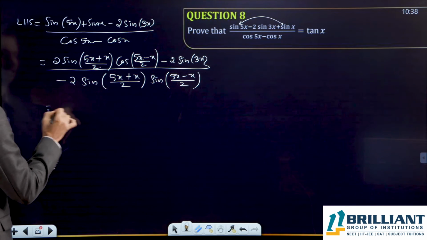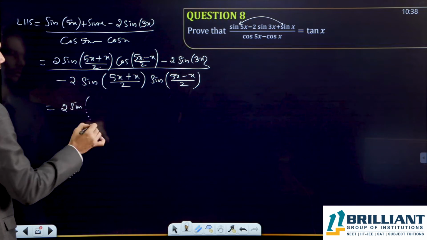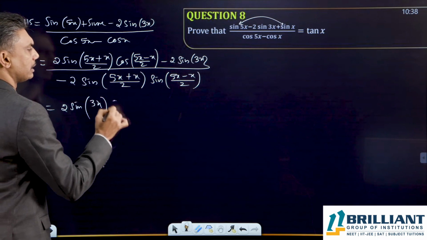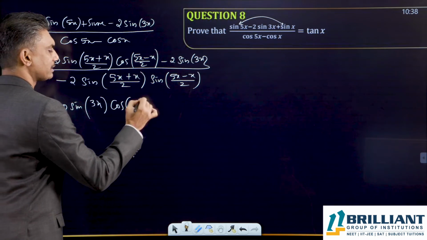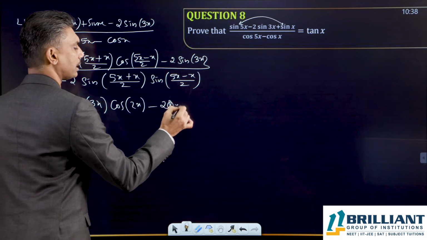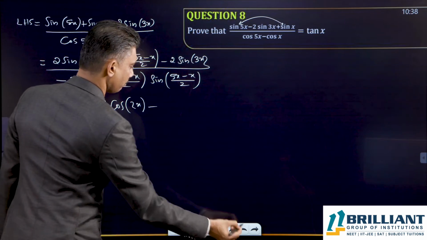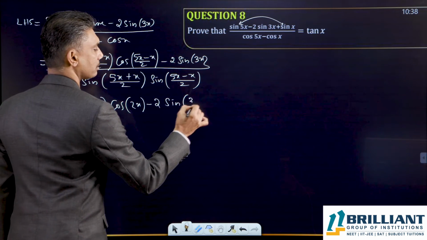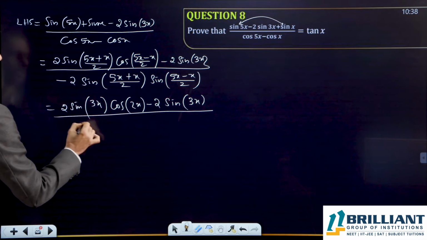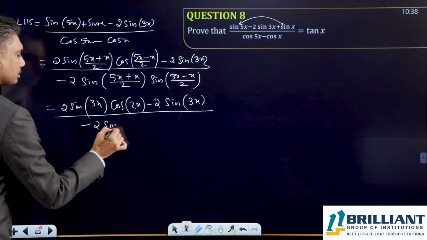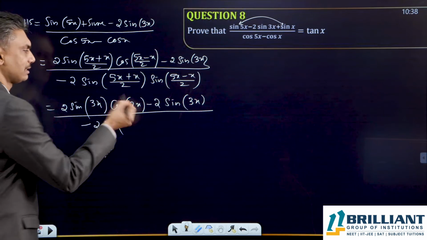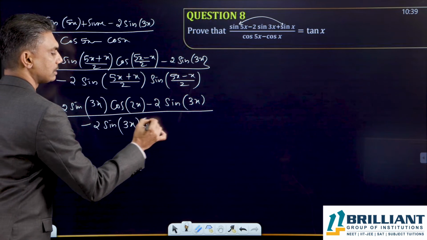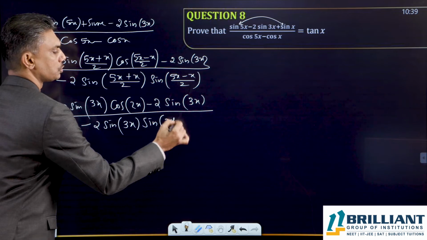Now, that is 2 sin, 5x plus x is 6x by 2 is 3x, into cos 2x, minus 2 sin 3x, by minus 2 sin, 5x plus x is 6x by 2 is 3x, into sin 2x.